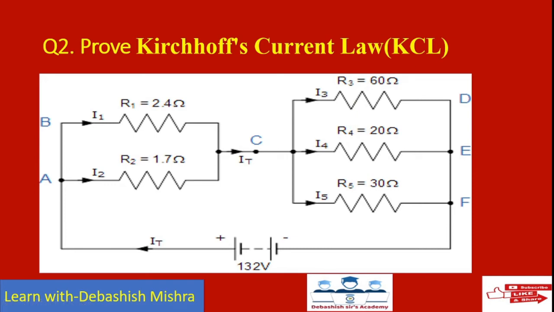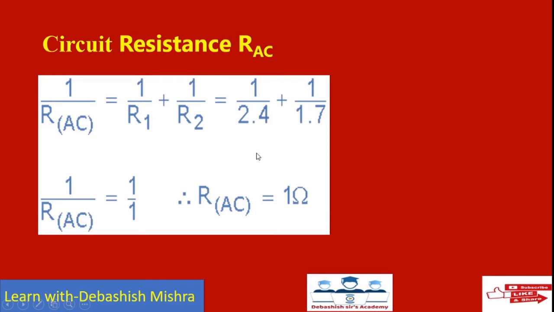We will calculate IT and prove that the KCL is valid in this circuit by considering C as the node. First, the circuit resistance RAC.